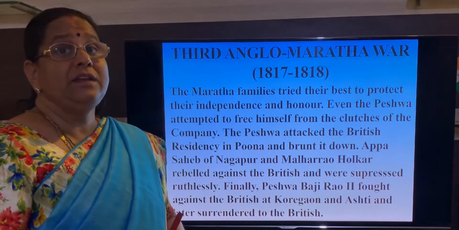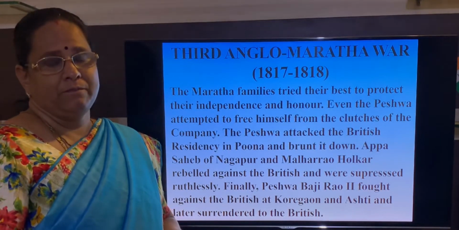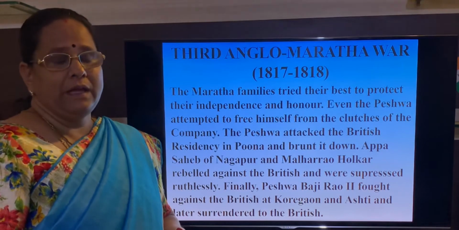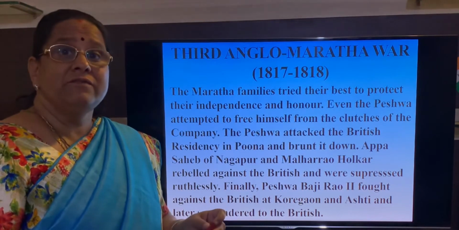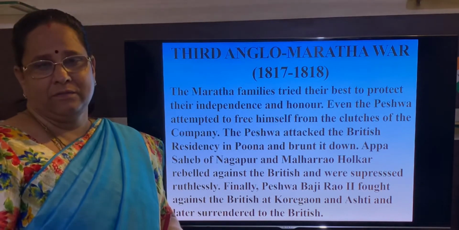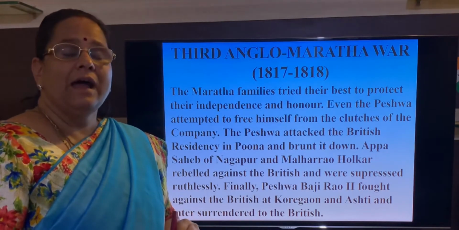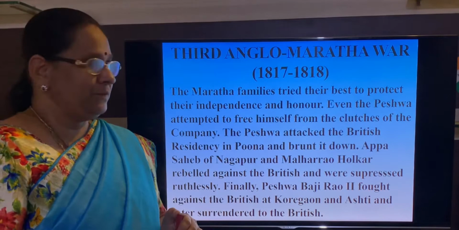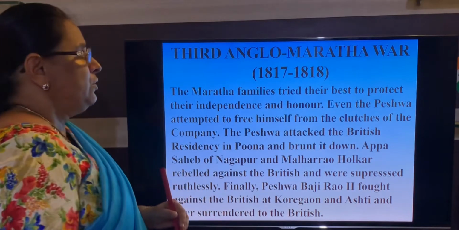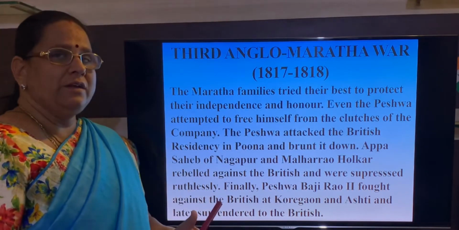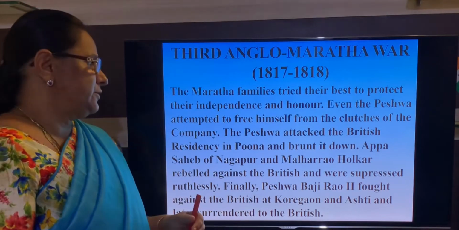They wanted an independent kingdom. They wanted freedom from the English. So this led to the Third Anglo-Maratha War. They tried their best to free themselves from the clutches of the English.